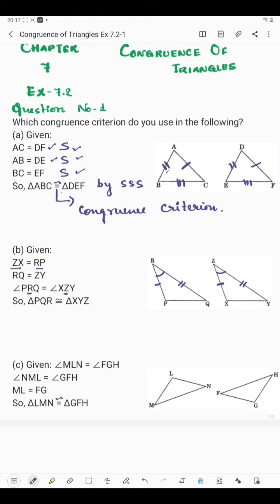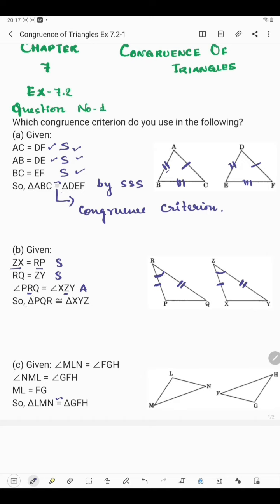Here we have observed that this side is equal to this side and this side is equal to this side, and this angle is in between the two sides, right? So ZX is equal to RP, this is a side, RQ is equal to ZY, this is also a side, and angle R and angle Z are in between the two sides, right?